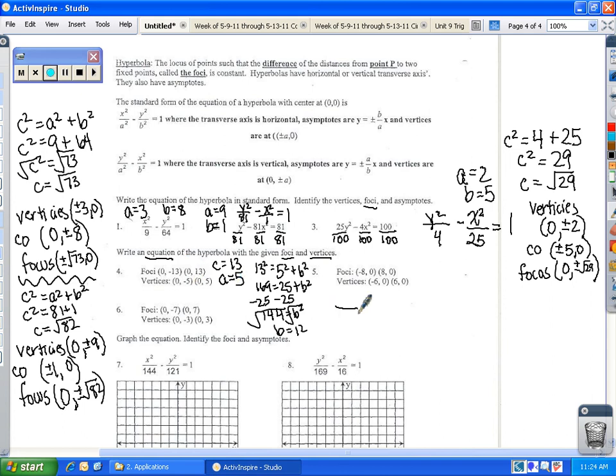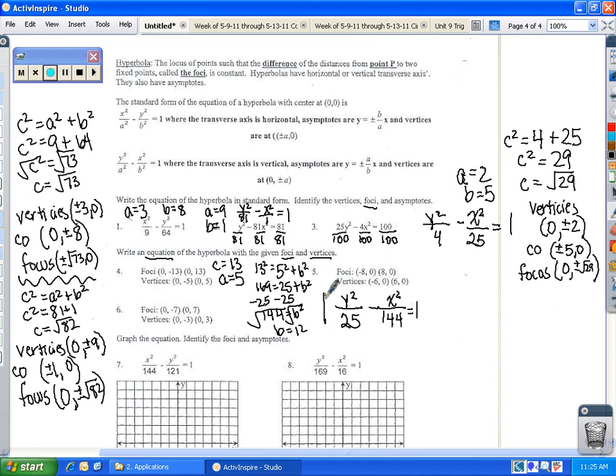So remember, a always goes first. Your bottom number is going to be 5 squared, the a value squared, and it's associated with the y-axis, so it's going to be y squared. So y squared over 25 minus x squared over the b value, which in this case is 12, so 12 squared is 144, and it's always equal to 1.